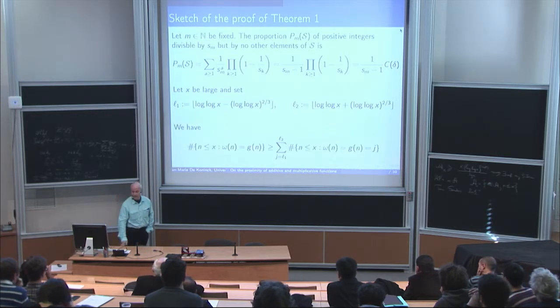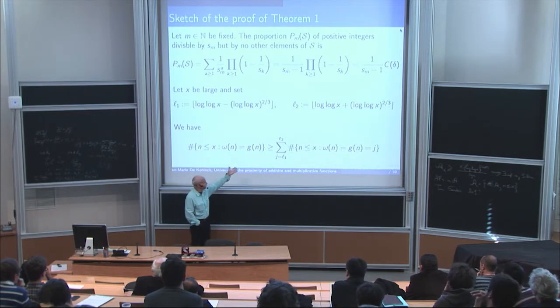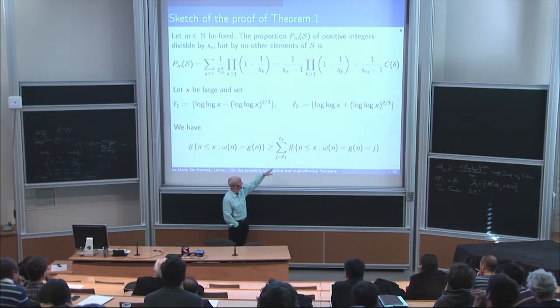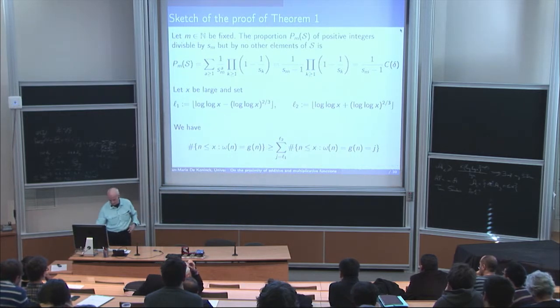Okay, then clearly this quantity, E omega g x, is obviously bigger than the sum, over all these sets, of the number of elements in each set, just when j varies in the interval [L1, L2]. I lose a lot, but so what? It will be enough for my needs.